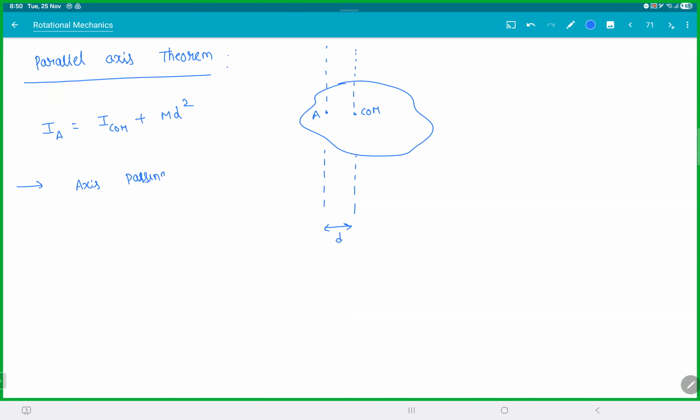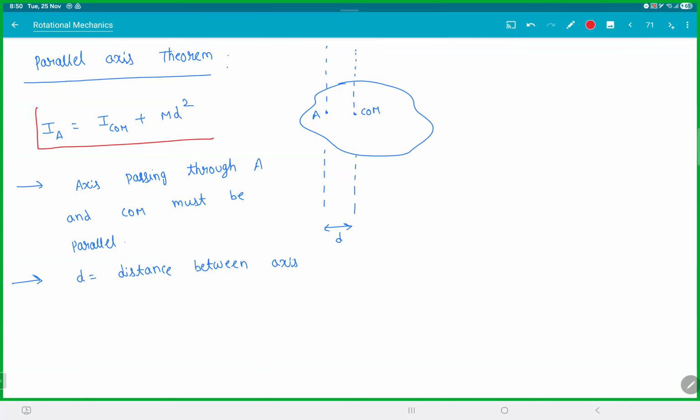That's why it's called the parallel axis theorem. And here d is the distance between the axes. You should definitely mug it up.